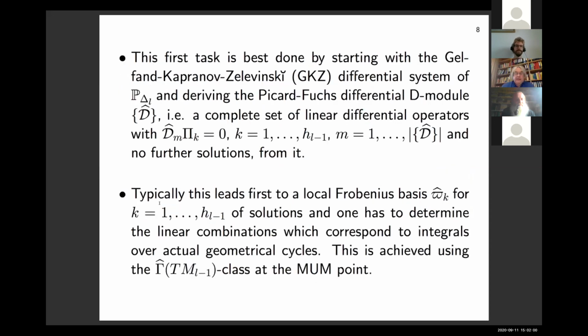So the first task is best done by starting with the Gelfand-Kapranov-Zelevinsky differential system, and then deriving the Picard-Fuchs differential D-module from it. And what is a Picard-Fuchs differential D-module? It's a complete system of linear differential operators that annihilate these periods, but they have no further solution.